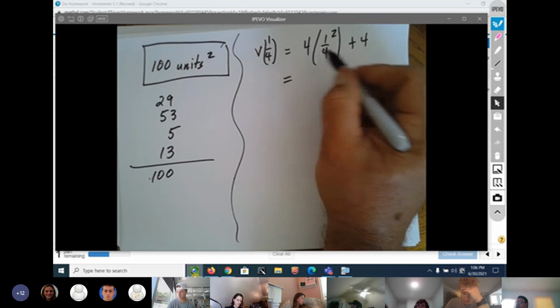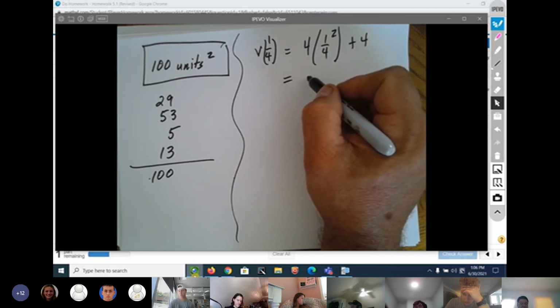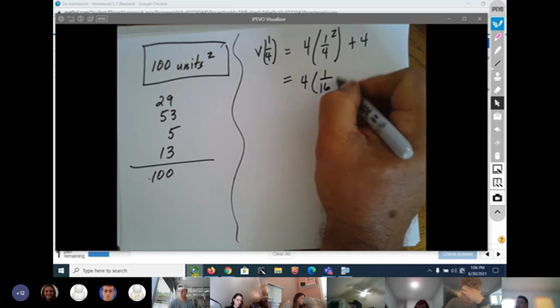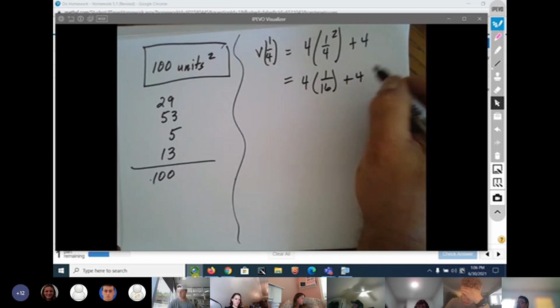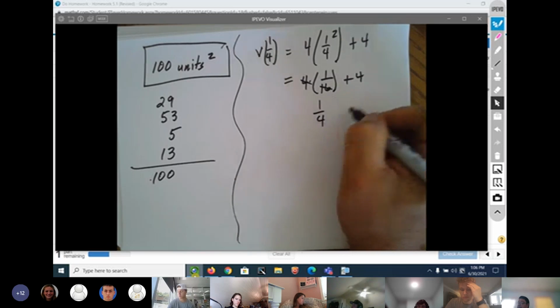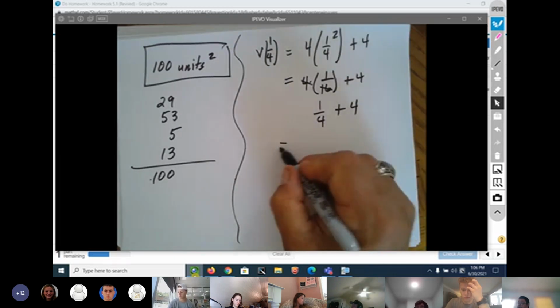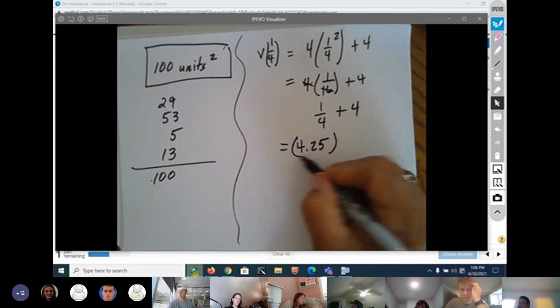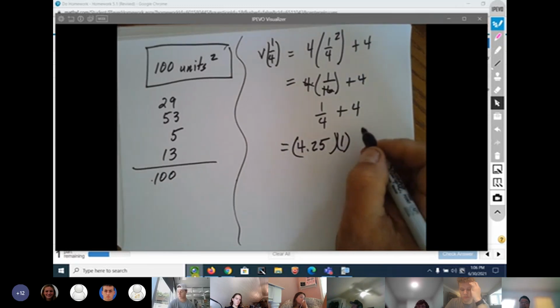So that's going to be 4 over 1/16 plus 4. And that cancels to 1/4 plus 4. So 4 1/4 is the height times 1 is the base.